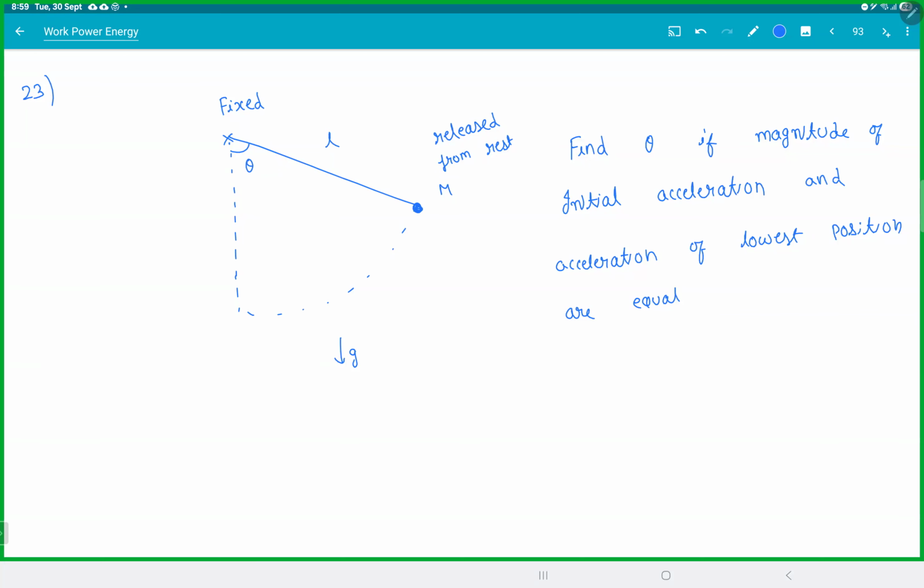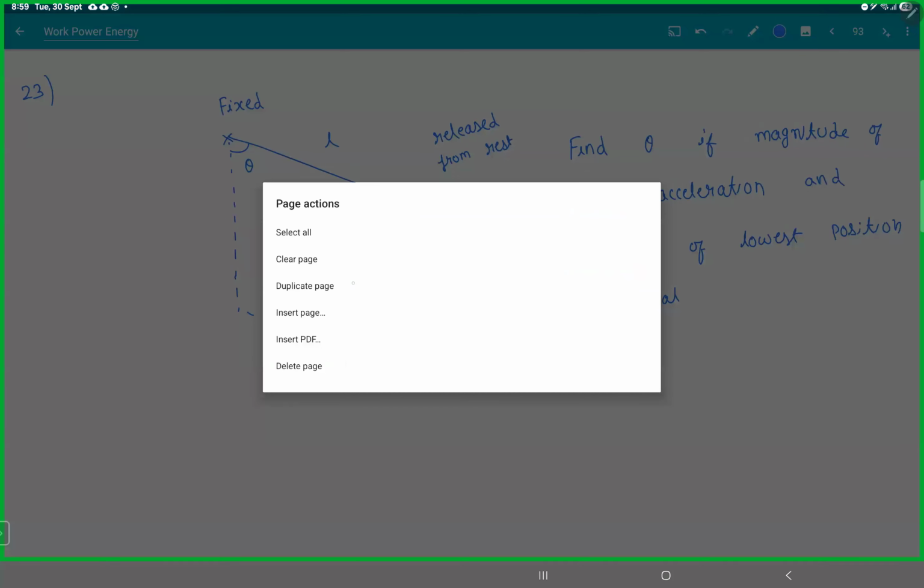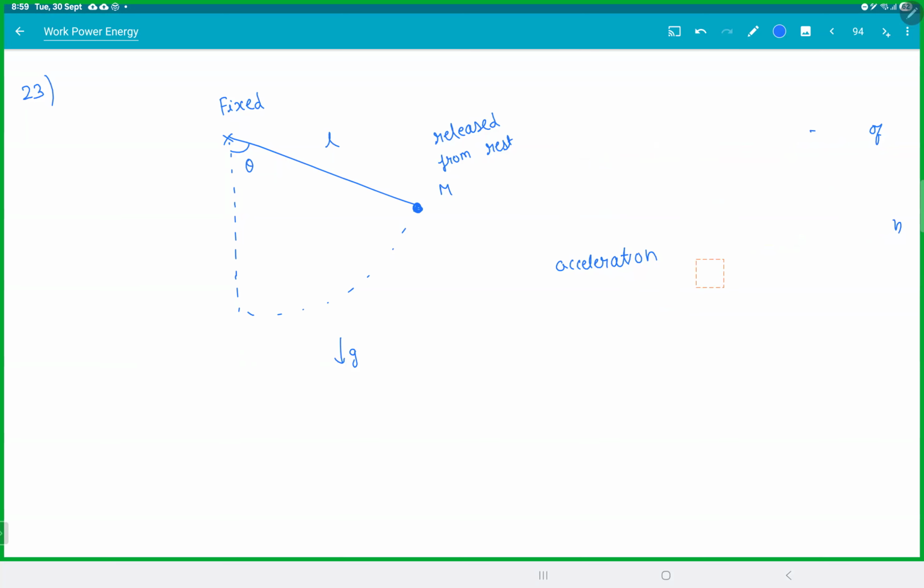So let's see initially what is the acceleration you have. Initially your velocity is 0, so centripetal acceleration is 0. So when you release from rest, V is 0, so A centripetal is 0. Whatever acceleration you have, this is mg, this is theta.